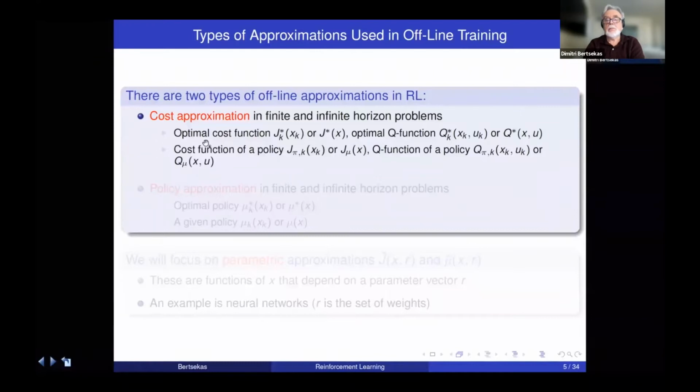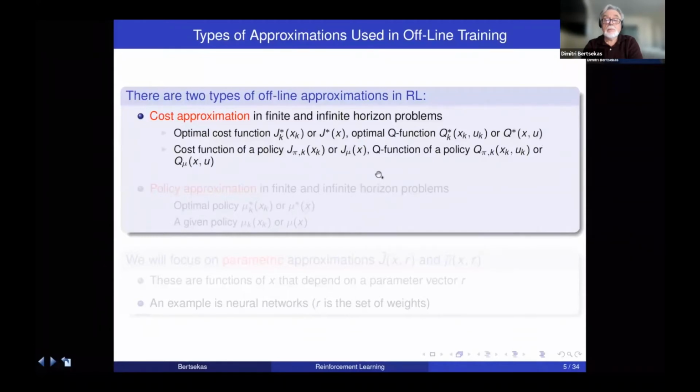In particular, in a finite horizon setting, we may want to approximate the optimal cost function at stage k or the optimal Q function at stage k. In the case of an infinite horizon, there's no dependence of the optimal cost on the stage k, so there's only one function, the optimal cost function, to approximate, and we may be interested in approximating that, or the corresponding Q function.